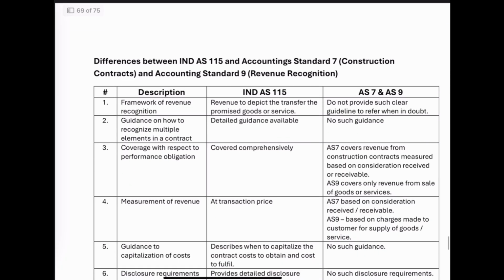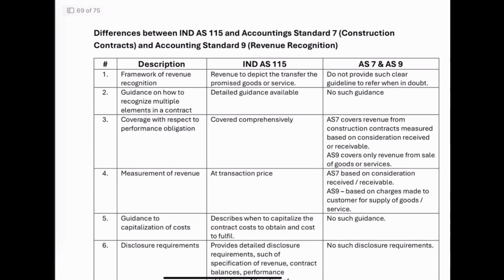Okay, then we will see a few distinctions between Ind AS 115 and accounting standard 7 and accounting standard 9. Ind AS 115 talks about how to recognize revenue from contracts, accounting standard 7 talks about construction contracts, and accounting standard 9 talks about general revenue recognition.